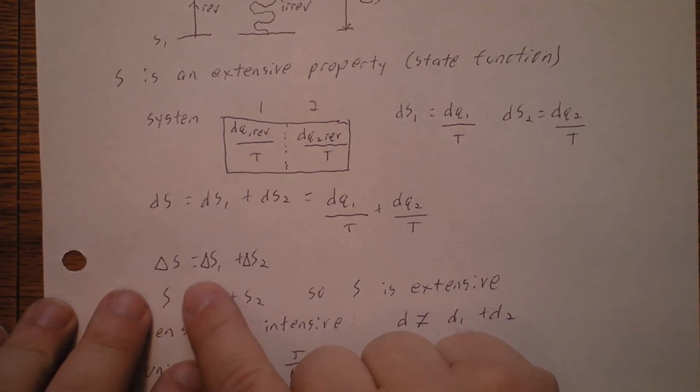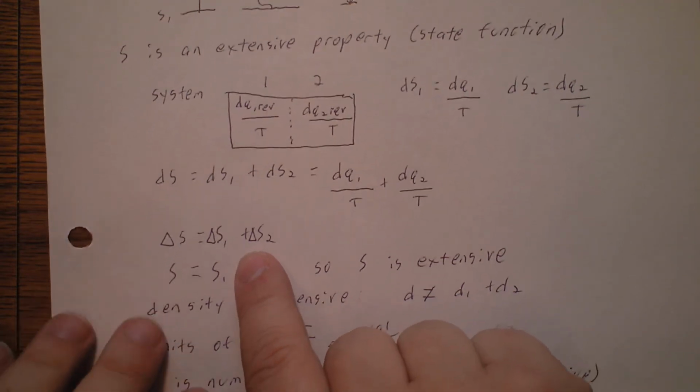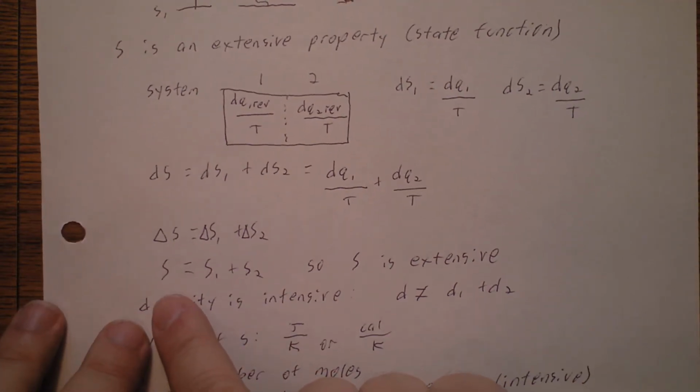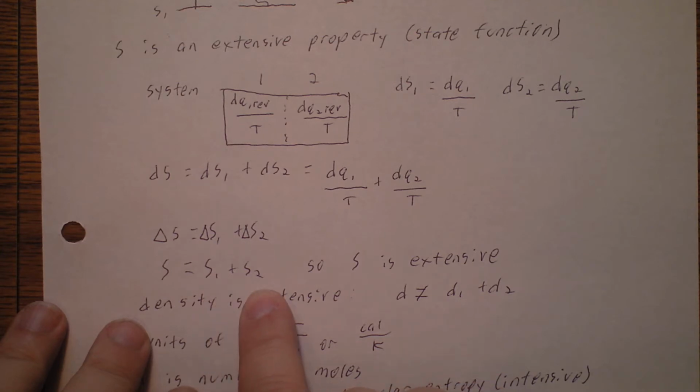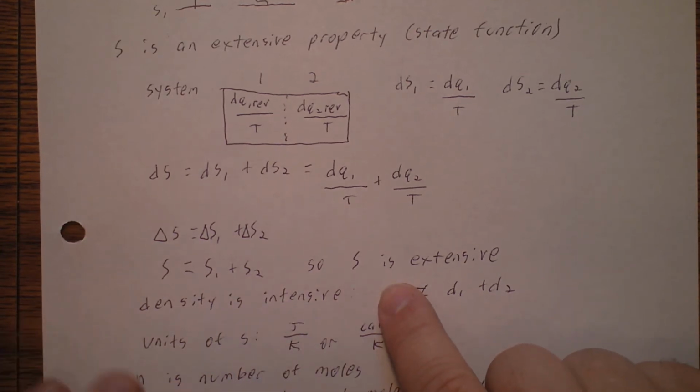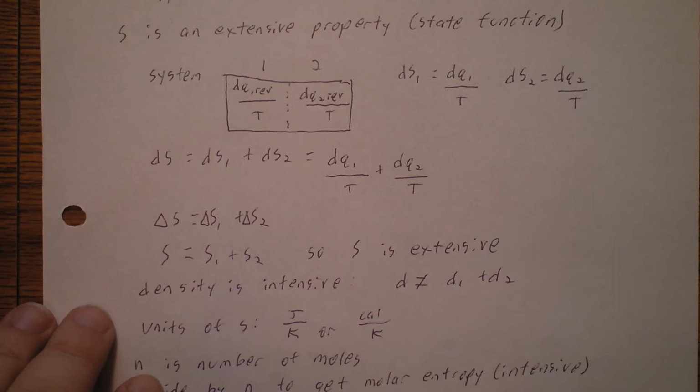Now the change in entropy is equal to the change in entropy for part 1 plus the change in entropy for part 2. Or put another way, the total entropy is equal to the entropy from part 1 plus the entropy from part 2. So again, S is extensive.